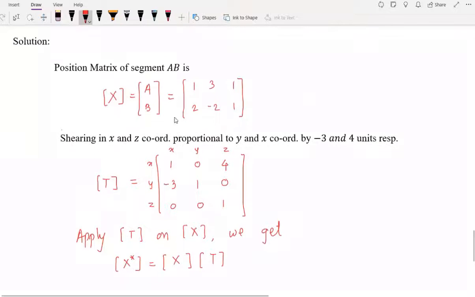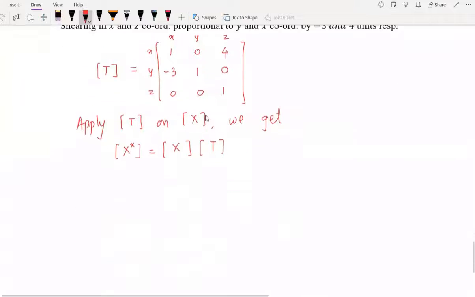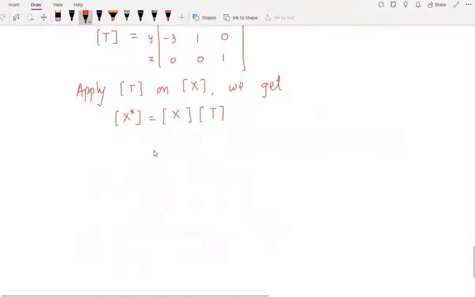Now already we know what X is. X is equal to [1, 3, 1; 2, -2, 1]. So I'll write it here: the first row is 1, 3, 1 and the second row is 2, -2, 1.